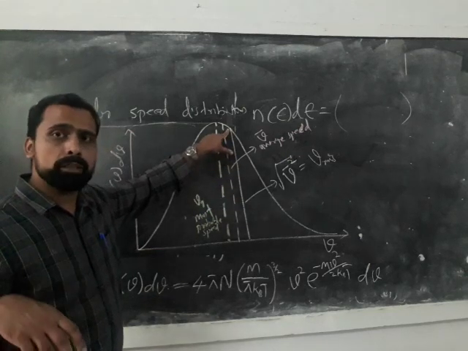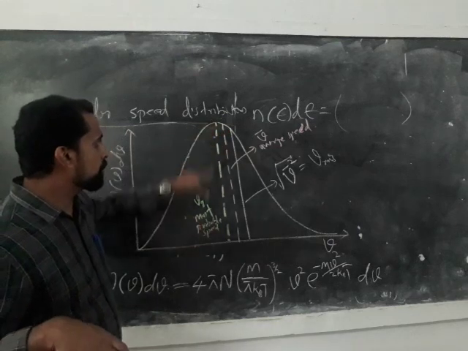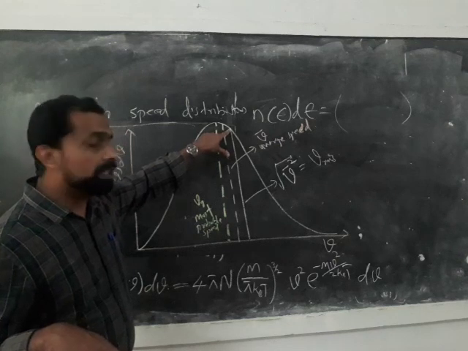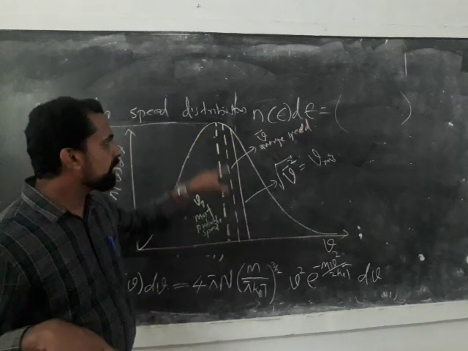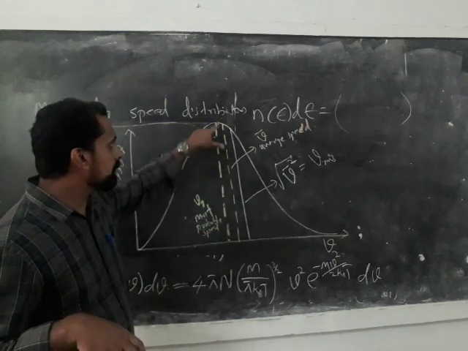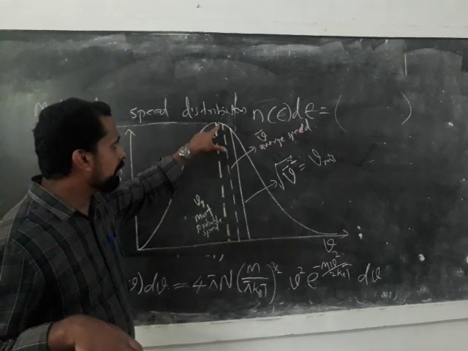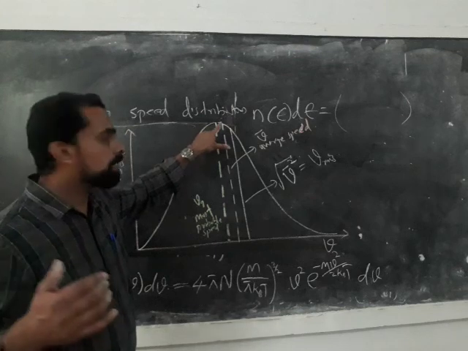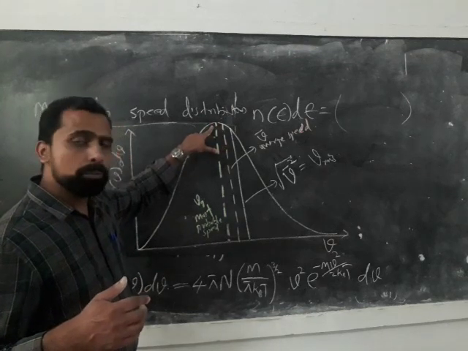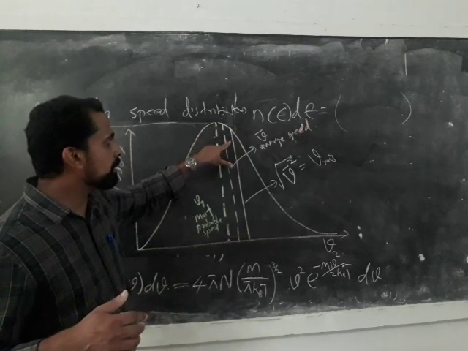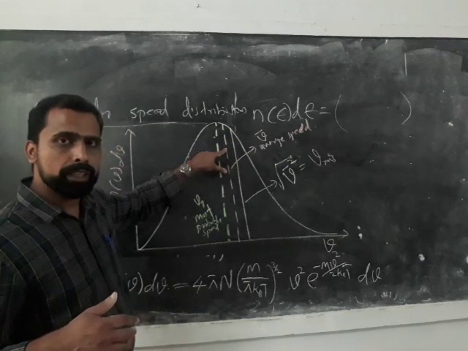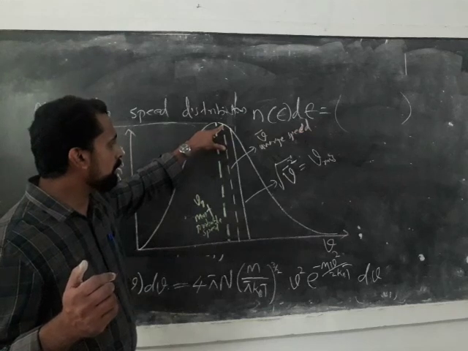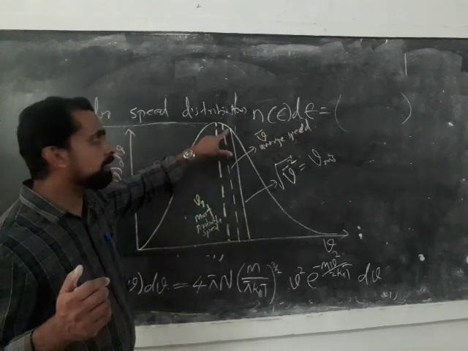The highest number of particles possess the most probable speed, and the least number of particles possess the VRMS. And the average speed, speed wise, is greater than most probable and less than VRMS. But number wise, it is less than most probable but greater than VRMS.